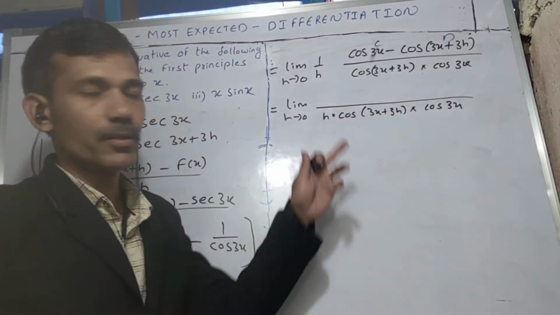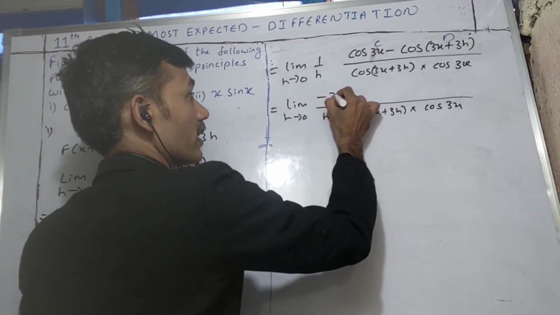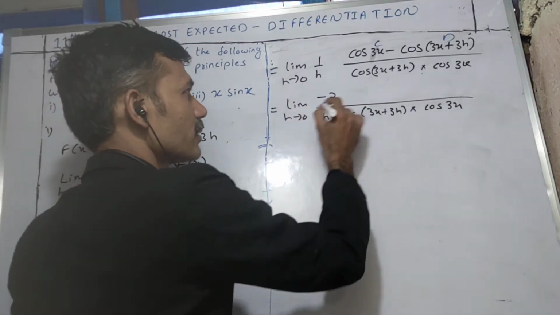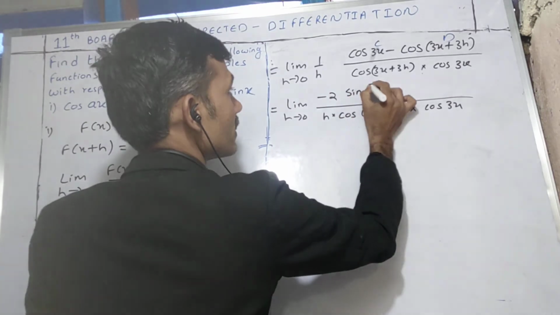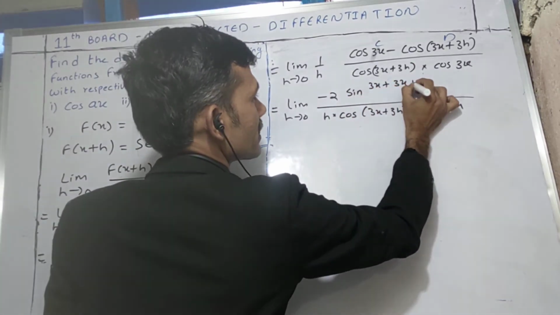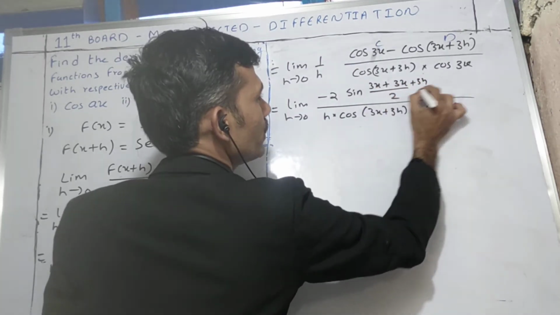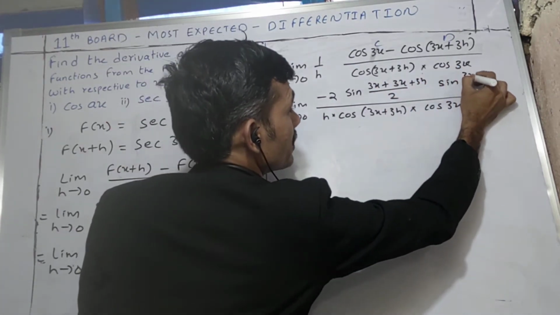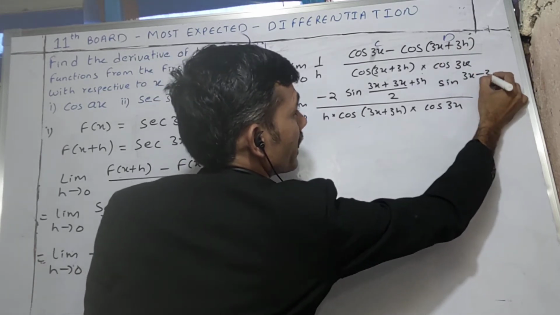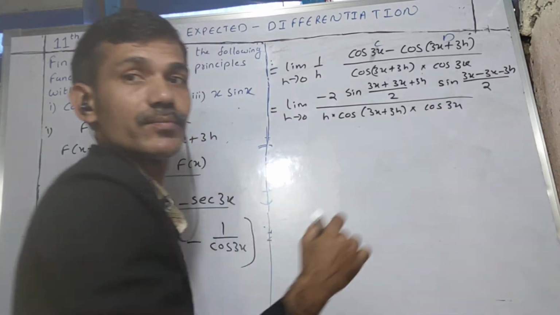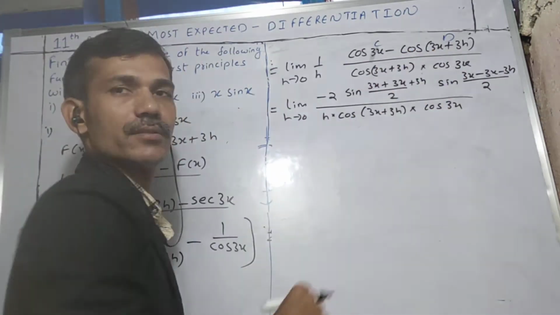In the numerator we can apply the trigonometric formula cos c minus cos d, that is minus 2 times sin of (c plus d) by 2 times sin of (c minus d) by 2. Now c means 3x, and d means 3x plus 3h, so c minus d gives minus 3h. Both will get minus now.